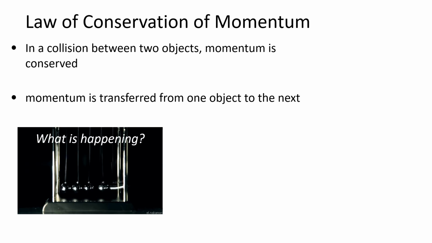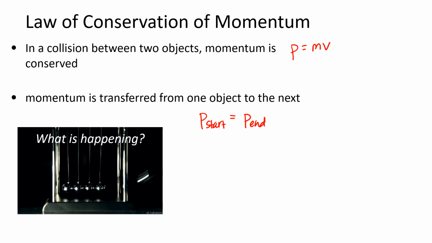So in terms of this, in the law of conservation of momentum, what we start with momentum-wise is what we have to end with. So momentum at the start, and remember P equals momentum, has to be the momentum at the end. All right, and momentum equals mass times velocity. So this first ball, or what I'm going to call the first ball over here, it has some momentum.